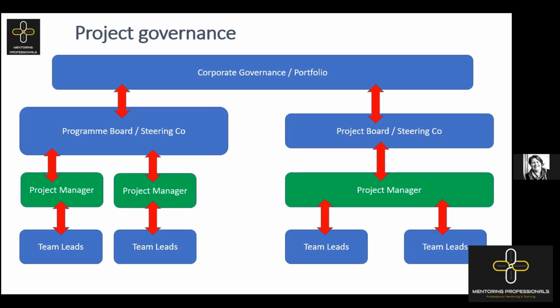And we do quite often see, of course, that we have monthly board meetings, or indeed we could have more frequent board meetings. The important part about the program board and indeed the project board and steering committees is that they actually are a control point. They are the ones that actually define the direction that the project or the program needs to take.